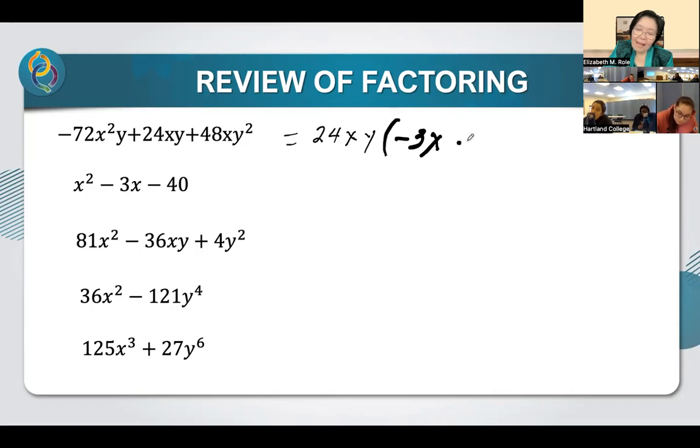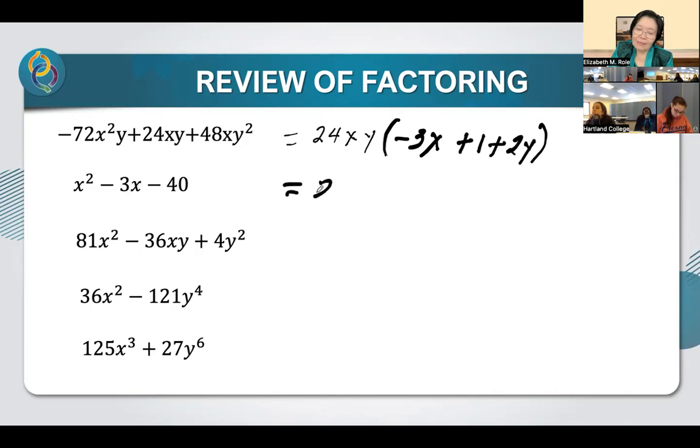And then plus 1, right? Because 24xy, 24xy. And then plus, that's the reason why I didn't want to put a minus outside there, so that you don't get confused. And then 48xy squared, it will now be 2y. All right. And you can rearrange if you wish to.